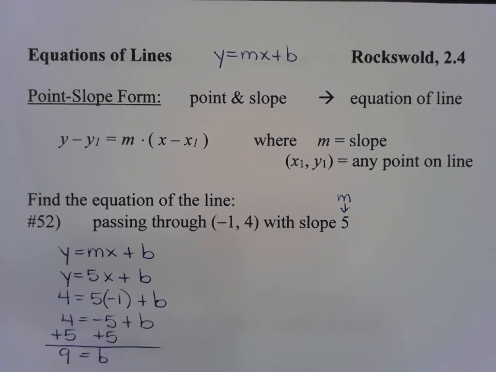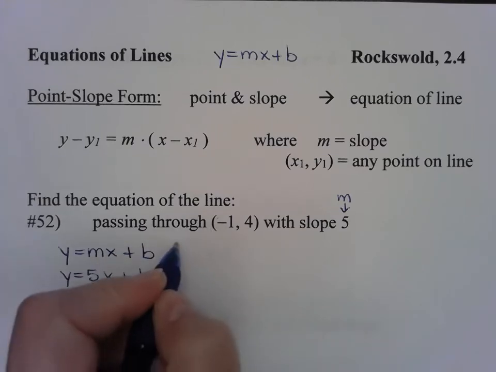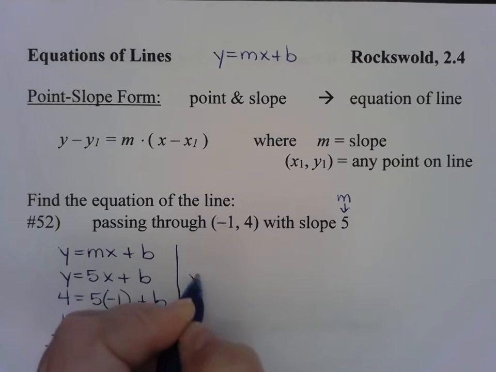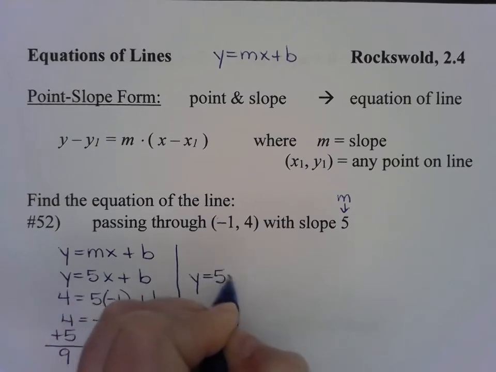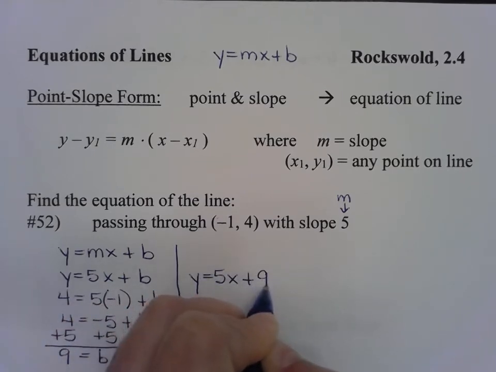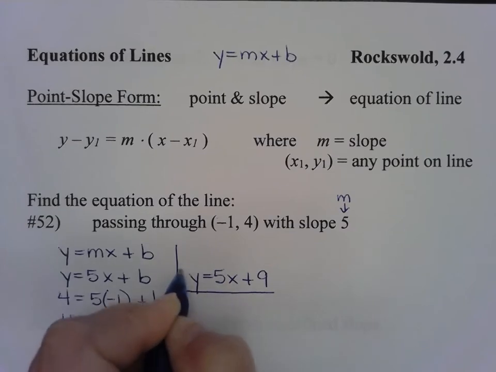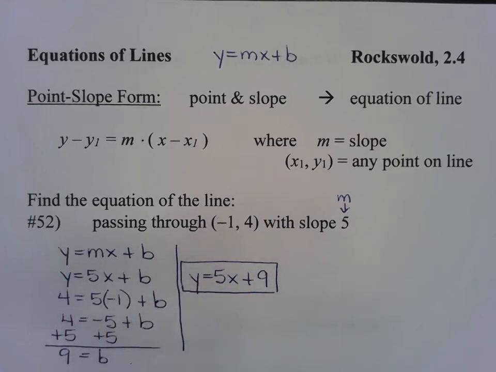Looks like b is 9. I really wanted an equation for my final answer, so now I'm going to take what I got for b and put it back into what I had up here. And I want to put my variables back in, again, because I'm looking for an equation.